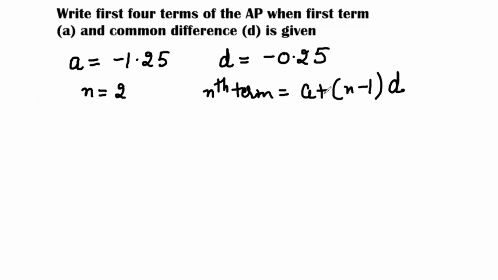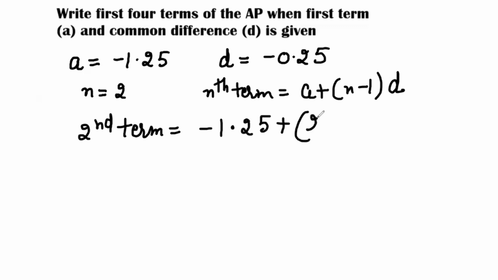Now we just have to substitute the values given above. The second term will be equal to, in place of A, minus 1.25, plus, in place of n, 2 minus 1, into minus 0.25. I always write a negative number within brackets, whether it is in multiplication, addition, or subtraction. You should always follow the same.